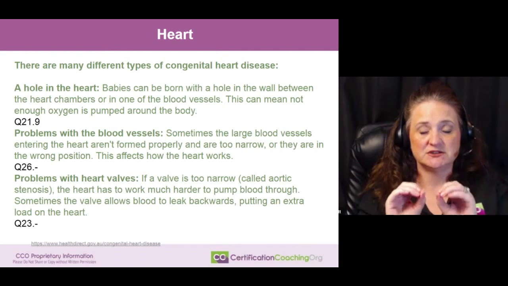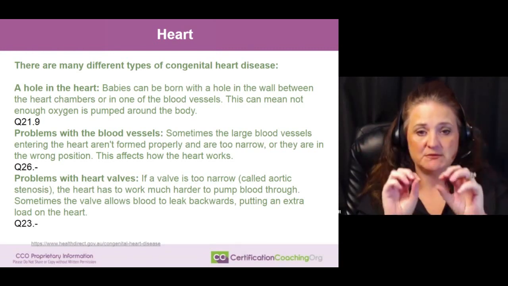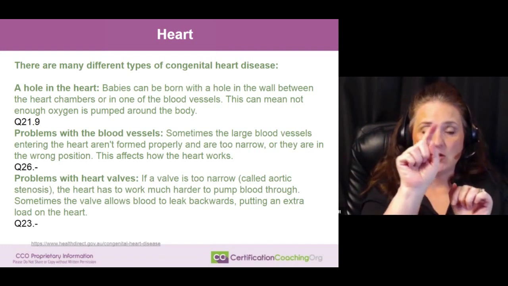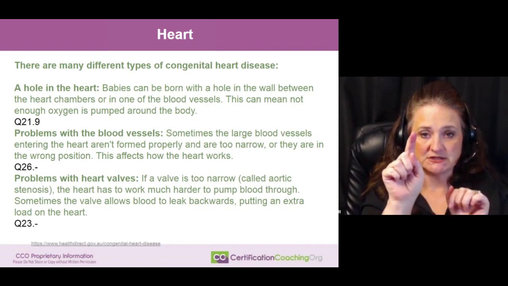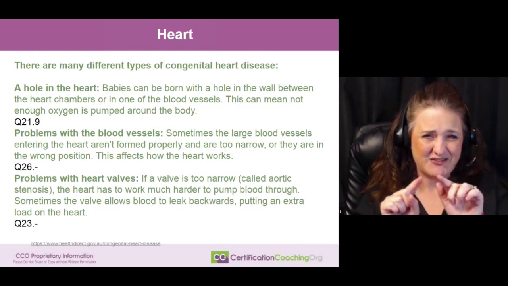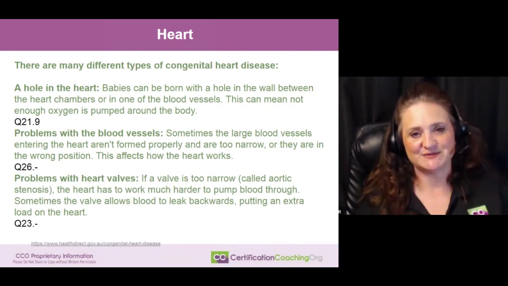So you got two chambers here and two chambers here. Atrium on top. So you think like the attic, the atrium, and the ventricles are down in the bottom. So you either have a hole between the two atriums or you have a hole between the two ventricles. Okay. Now there's some other places where you might have a hole, but when you hear them say that the child was born with a hole in their heart, that's what they mean.